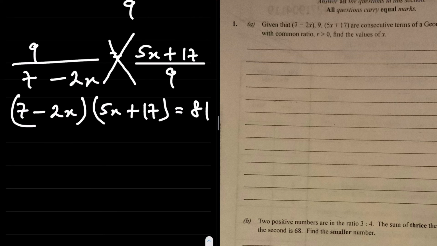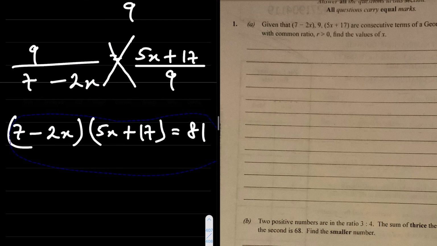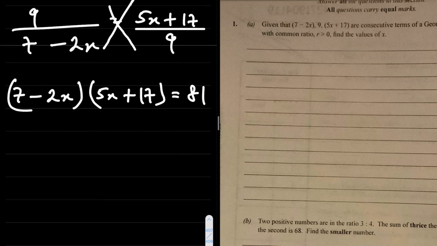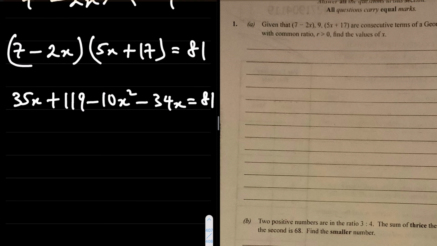And now I can expand the brackets on the left hand side, and that gives me 35x plus 119 minus 10x squared minus 34x equals 81, which simply means 35x minus 34x is x.